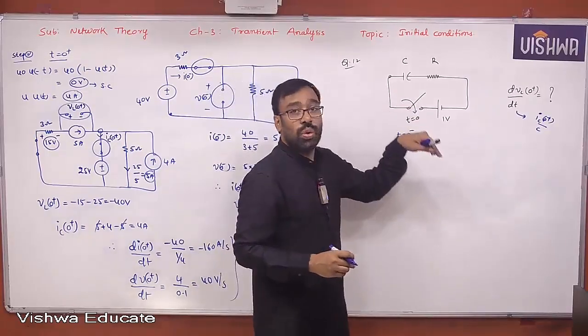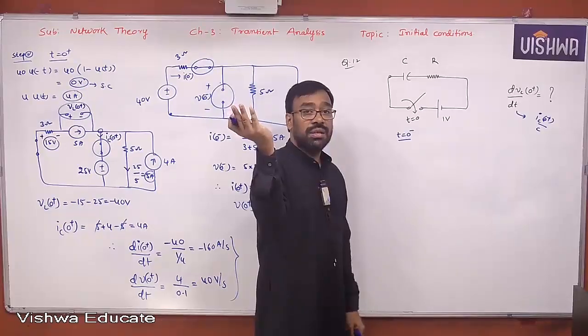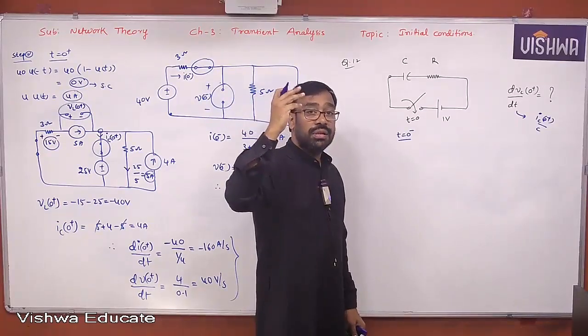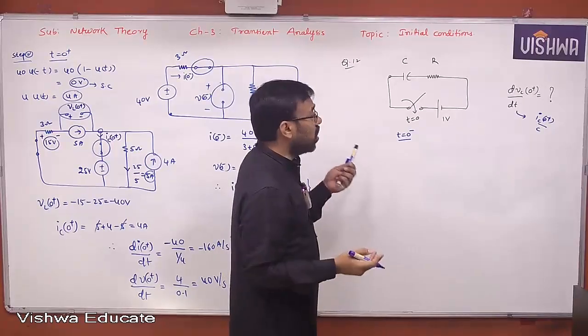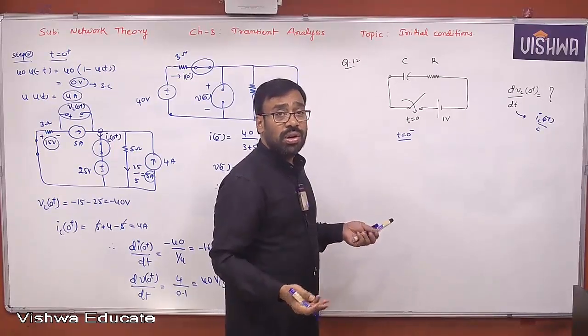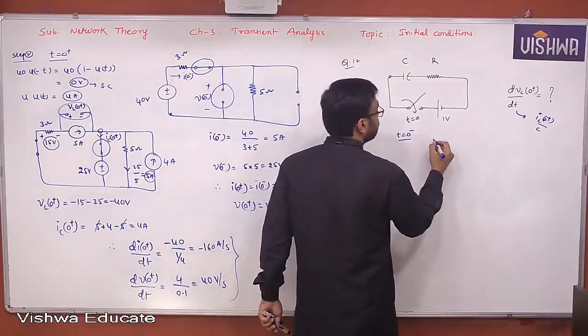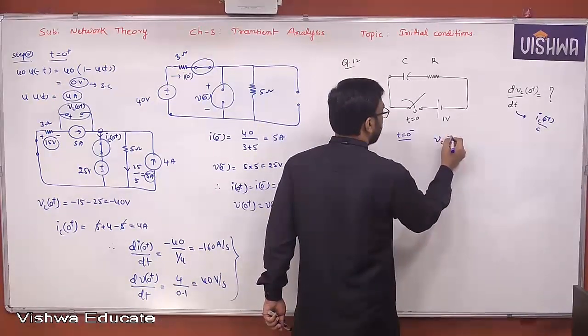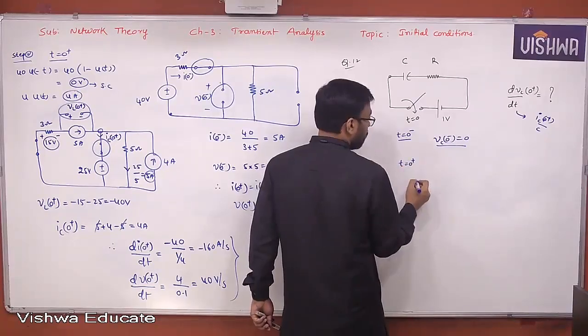Now the switch is closed. Before closing the switch, because it was charged somewhere else, you can take that voltage. But now he did not mention anything about that. That means by default it is an uncharged capacitor. Therefore, at t equal to 0 minus, Vc of 0 minus is 0. I use this information to construct t equal to 0 plus.